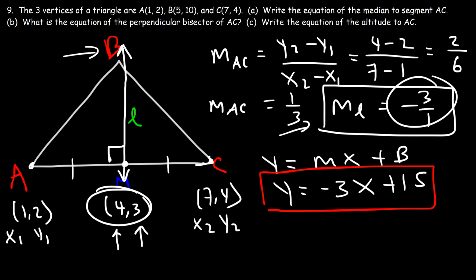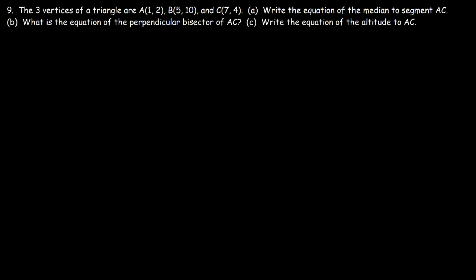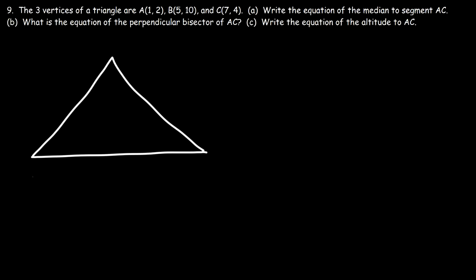Now let's move on to the last part, part C. What we need to do is write the equation of the altitude. So once again, let's say this is A, B, and C. The altitude of AC is going to pass from vertex B to AC, and it's going to meet at a right angle.